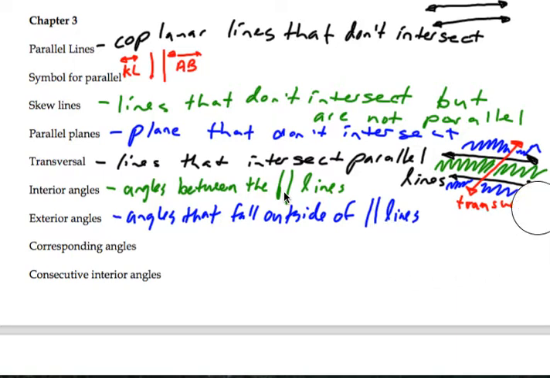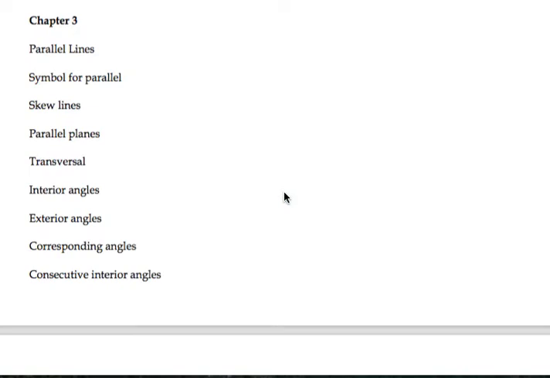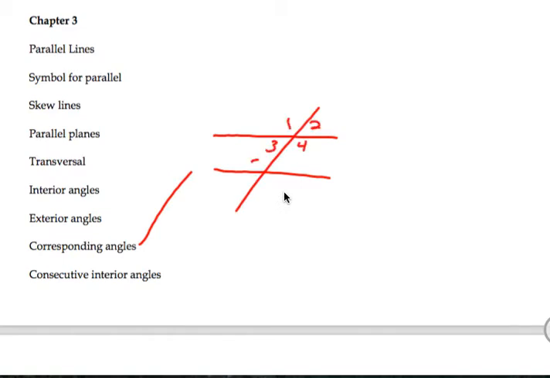And then we have some names of corresponding and consecutive and things like that. So, corresponding angles. If I drew two lines, 1, 2, 3, 4, 5, 6, 7, 8. Corresponding angles we would say are angles in the same location.